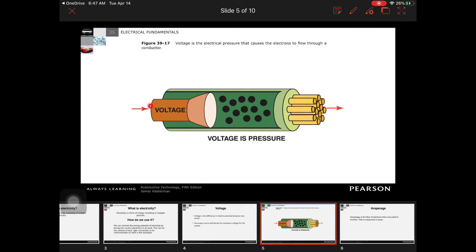Our voltage is what's going to push or entice those electrons to continue moving down the line, okay? Voltage is also what's going to be able to make current jump a gap. If you've ever seen a high voltage line arc, or a spark jump across a spark plug, it's the high voltage that forces it to jump that gap, okay?